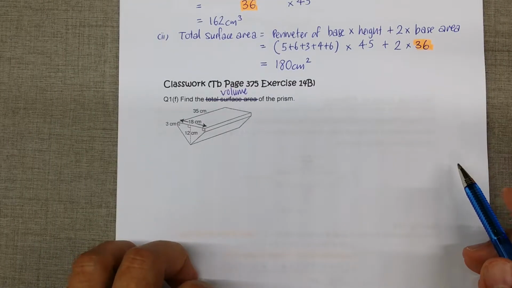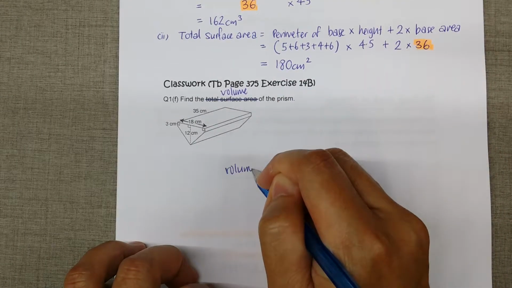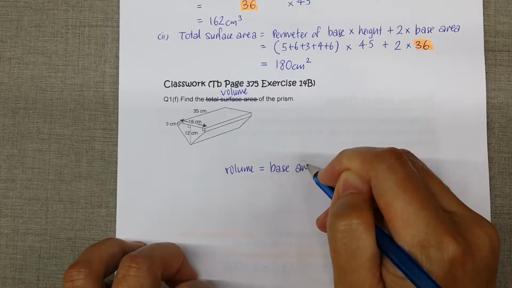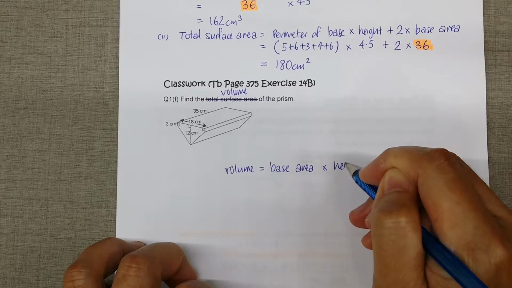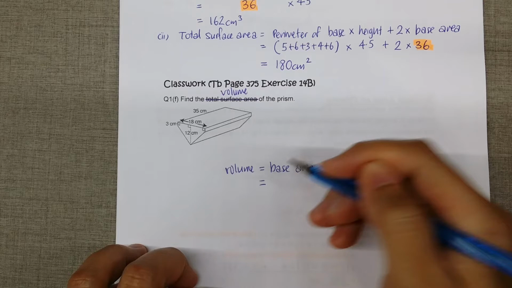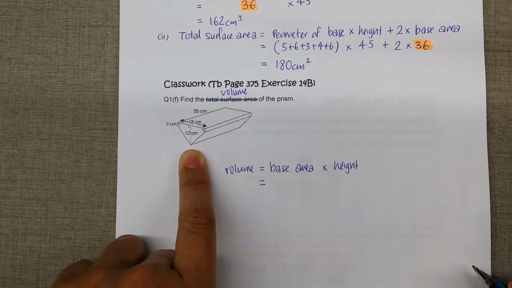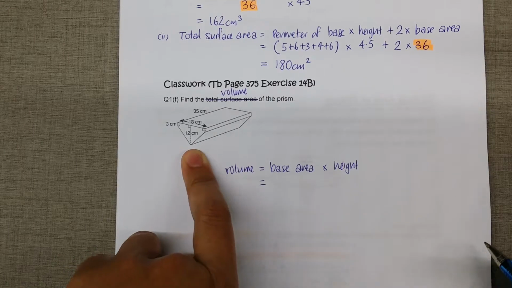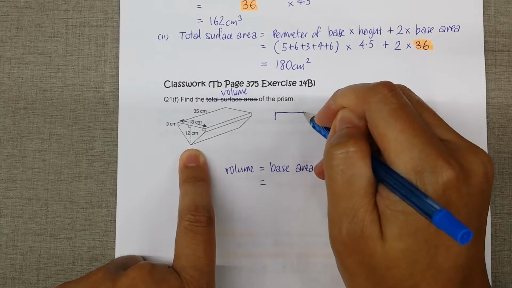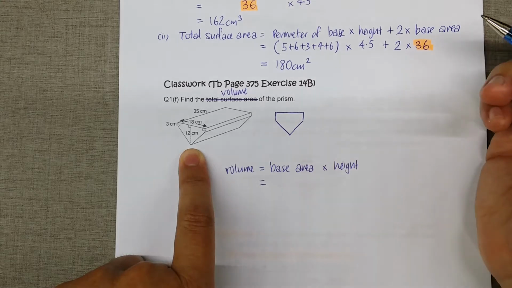Alright, so for volume, the formula is base area or cross-section area multiplied by the height. Correct? Is the base area the area of a triangle? No. If you look carefully, the base area is actually a pentagon.